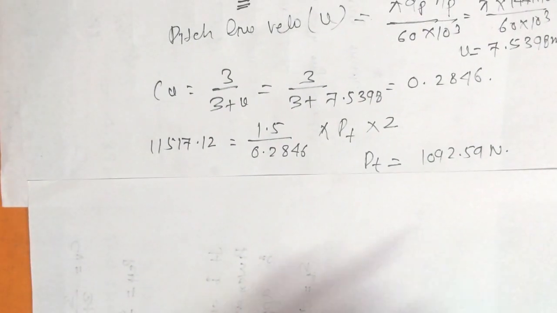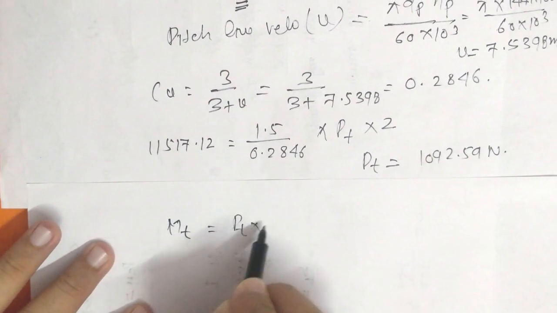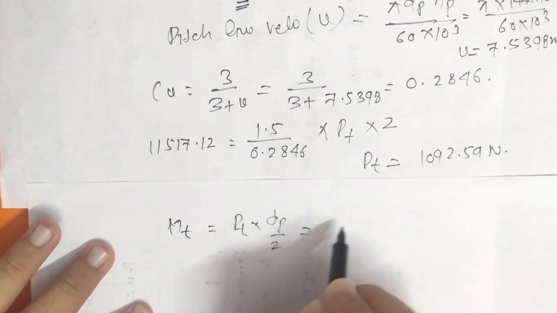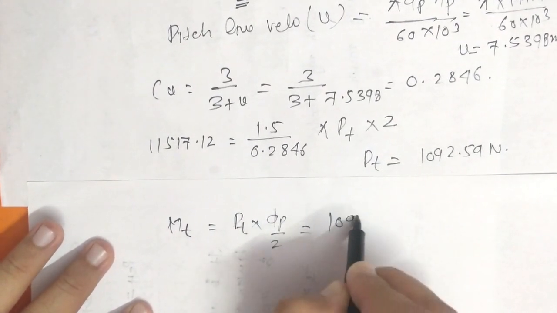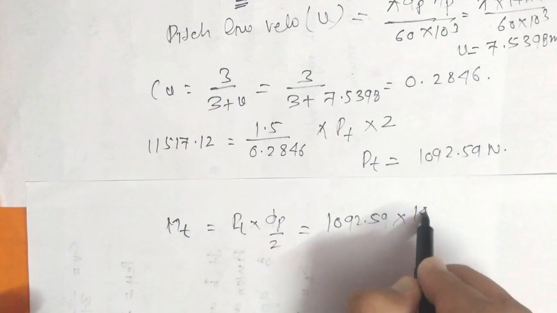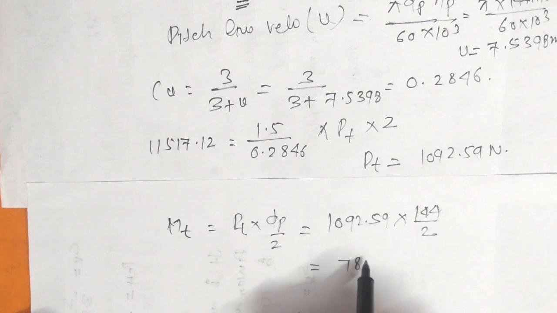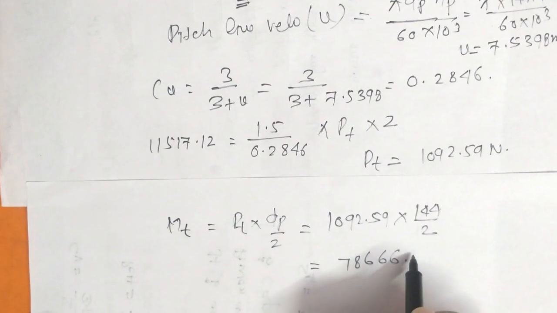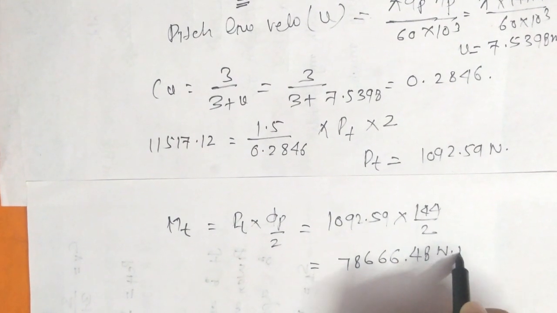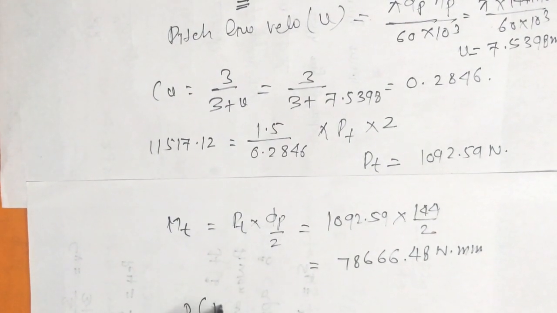So using this PT we can calculate the rated torque. So rated torque MT is PT multiplied by dP divided by 2. So PT is 1092.59 and dP is 144 divided by 2. So this becomes 78,666.48 Newton mm. So from this MT we can find out the power in kilowatt.